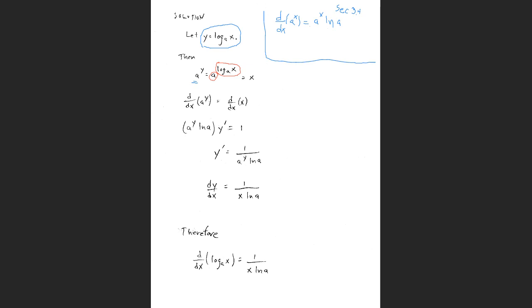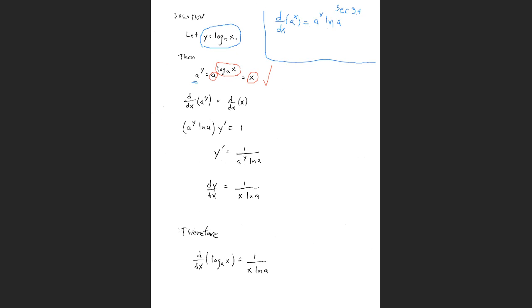But a to the x and the log of x to the base a are inverse functions, right? So this is going to give you x. Are we okay with that second statement there? Are there any questions?